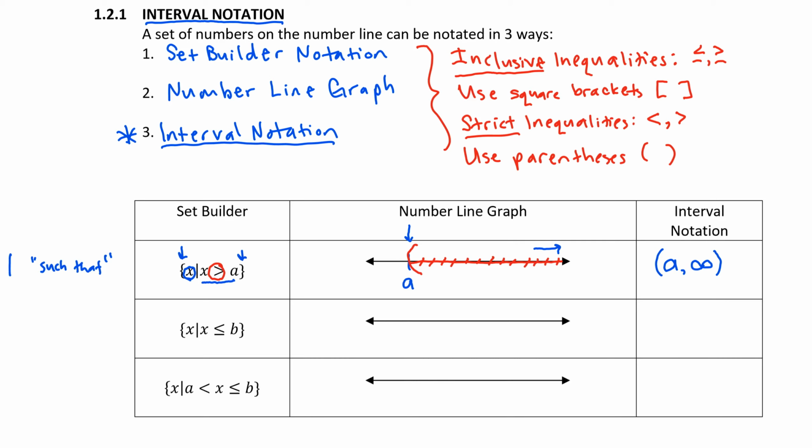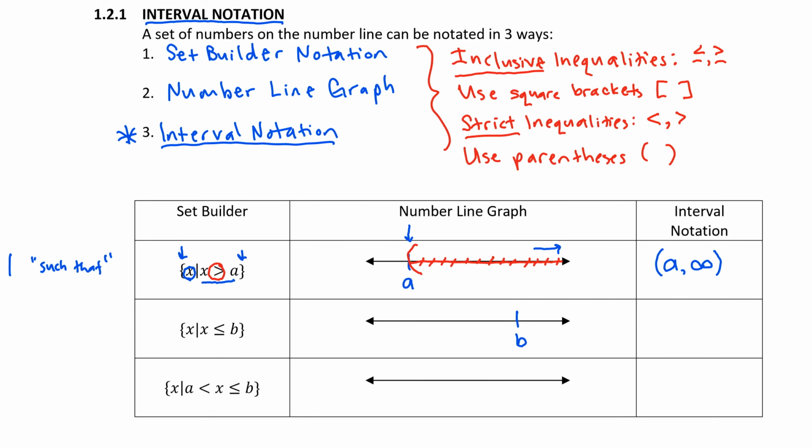Okay, let's practice that again. The next example, we would read the set of all x such that x is less than or equal to b. So we're looking at all the numbers on the number line that are less than or equal to b. b is just going to be some number on the number line, and I'm going to assume that it's about right here.